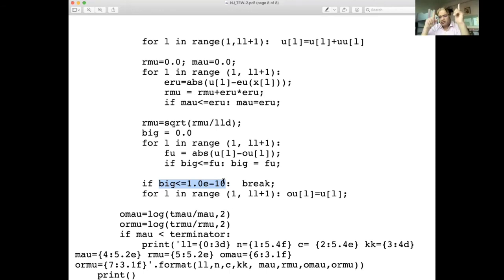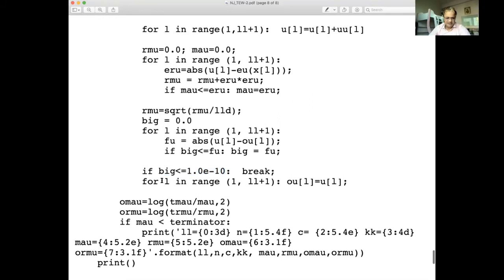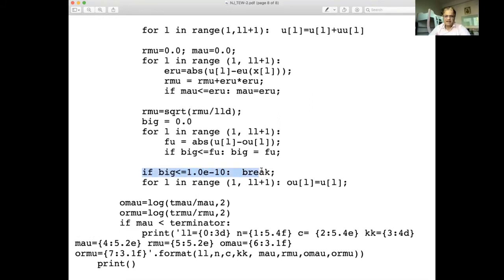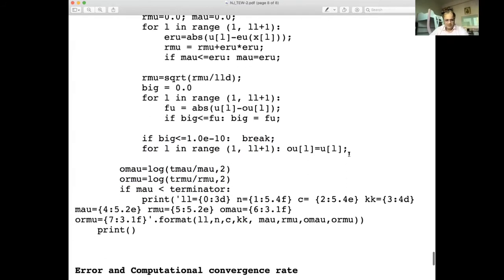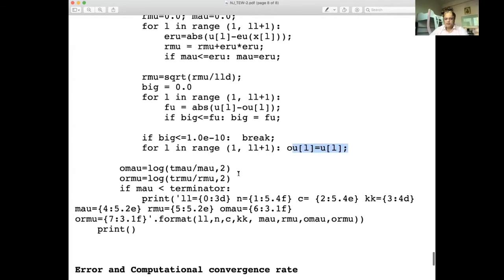In Python similar things happen, but 10 raised to the power minus 10 and minus 13, 14 is very beautiful accuracy. So I have to stop. This is called the error tolerance. Error tolerance here is 10 raised to the power minus 10. Now I will assign each UL to old UL and this loop continues.